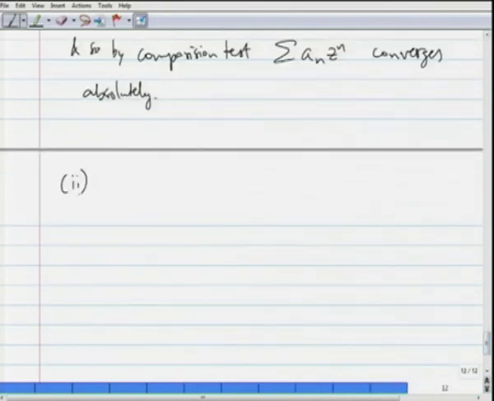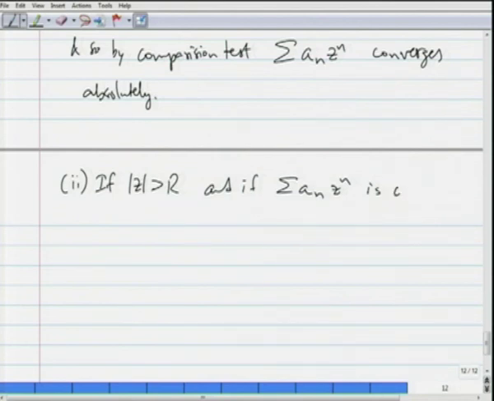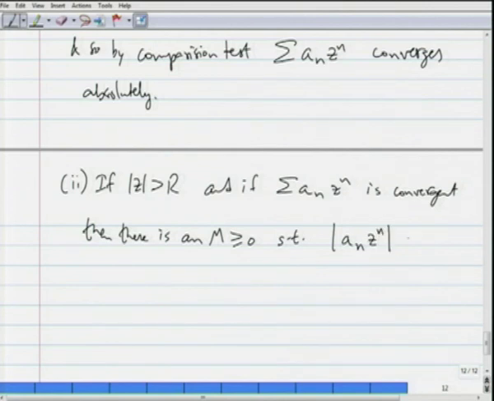Part 2 of this theorem asserts that if mod z is greater than R, and suppose sigma a_n z^n is convergent for that particular z with mod z greater than R, then there is an M greater than or equal to 0 such that the modulus of a_n z^n is less than or equal to M for every n greater than or equal to 0.